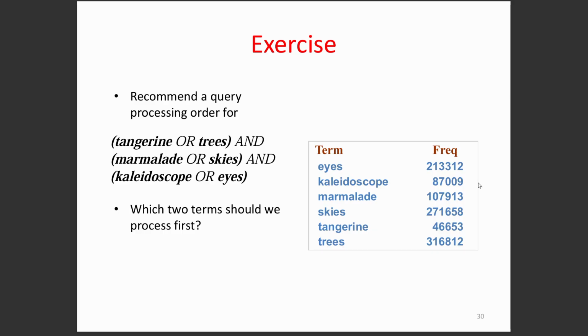So marmalade OR skies, if I perform, gives a smaller frequency. Marmalade OR skies should be performed first, then kaleidoscope OR ice, and then tangerine OR trees.